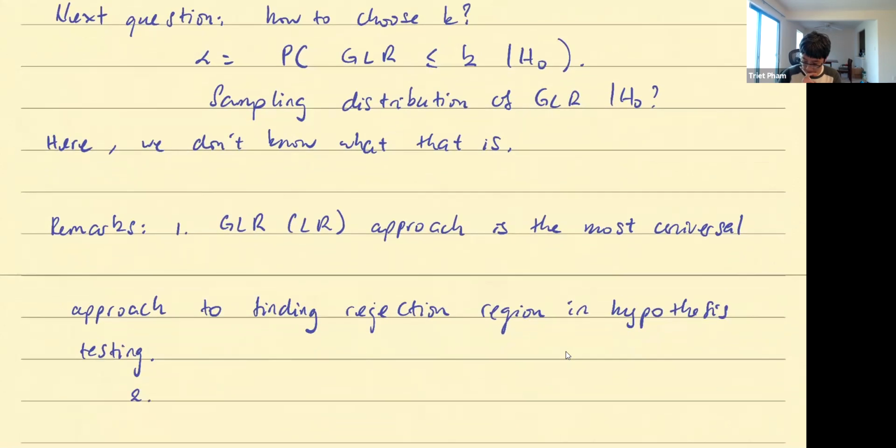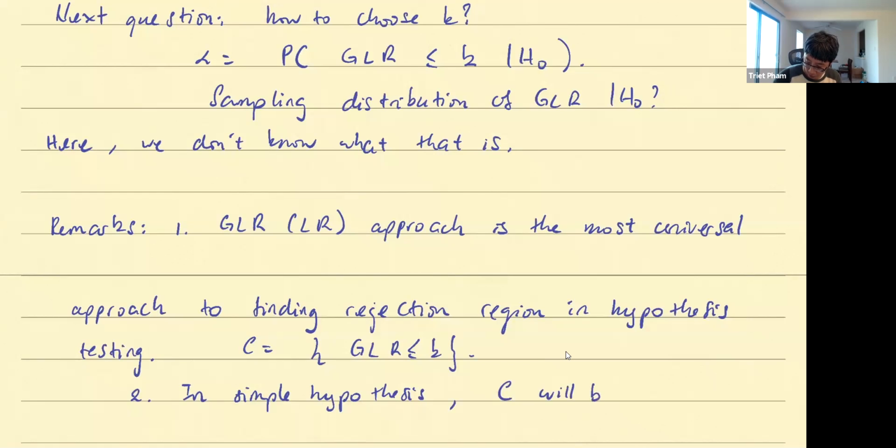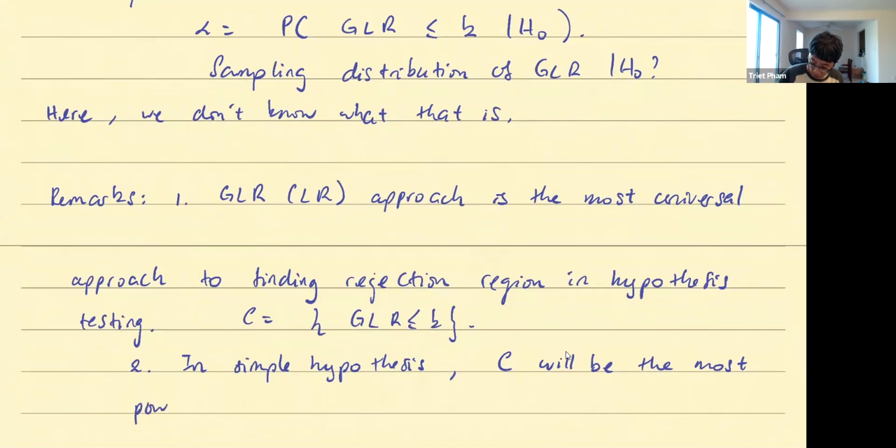Two, in simple hypothesis, in other words, the rejection region will just be this. In simple hypothesis, this C will be most powerful due to Neyman-Pearson.